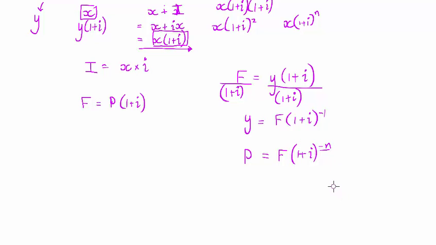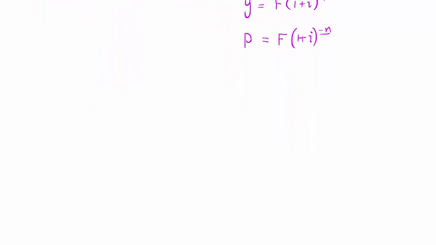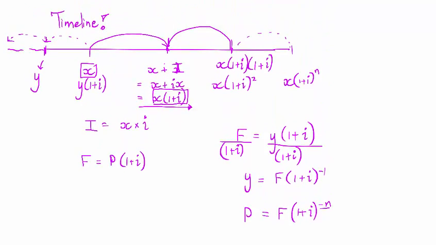That is why the exponent here represents what we call the number of discounts. Each time I go back, I'm discounting it. When I go forward, I'm compounding it. So compounding has positive exponents, discounting has negative exponents. That makes it very helpful to answer some very easy questions.